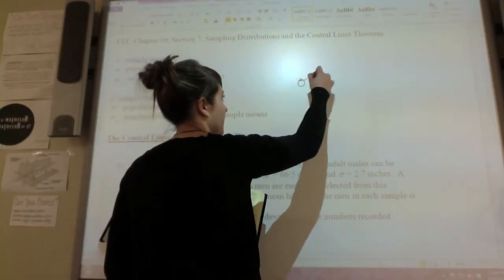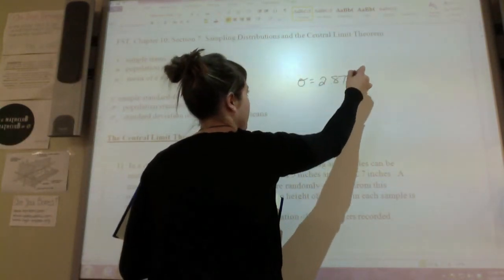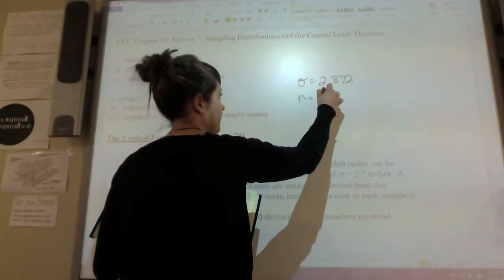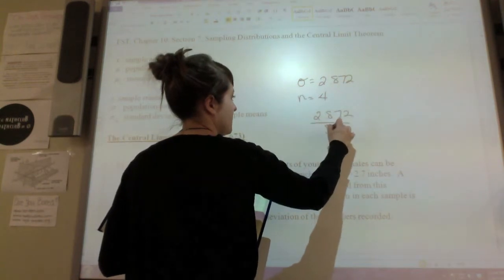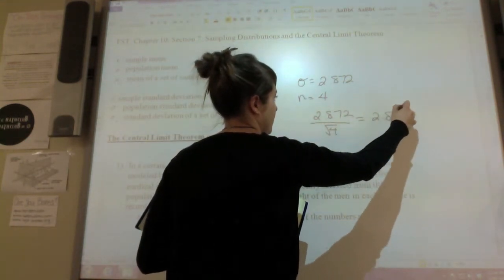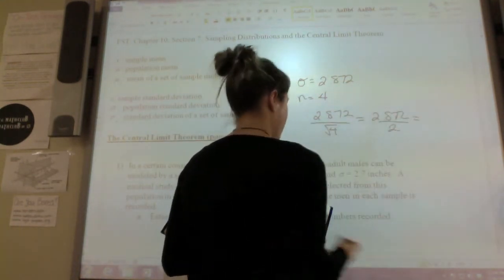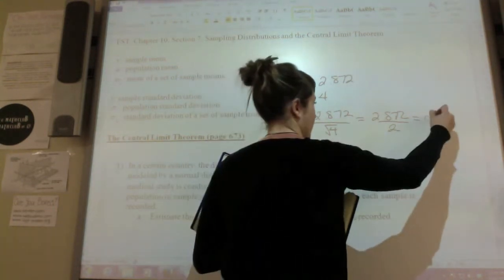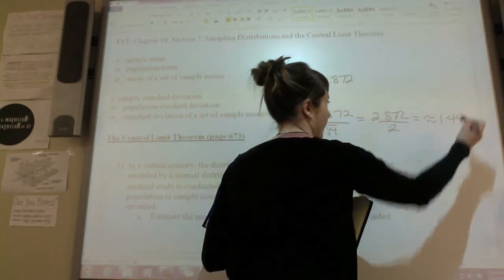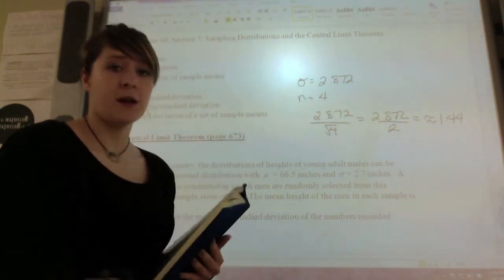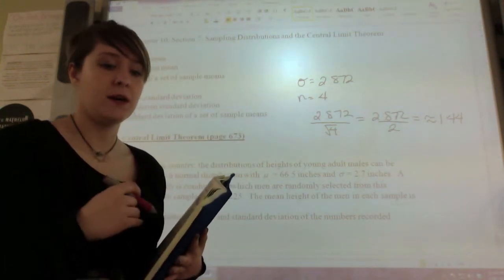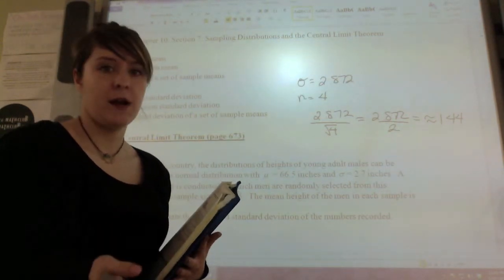My sigma was 2.872. My n value was 4. So 2.872 divided by the square root of 4 is 2.872 divided by 2, which gives me approximately 1.44, which, if you notice from the activity we did, is approximately the sigma x bar that I got.